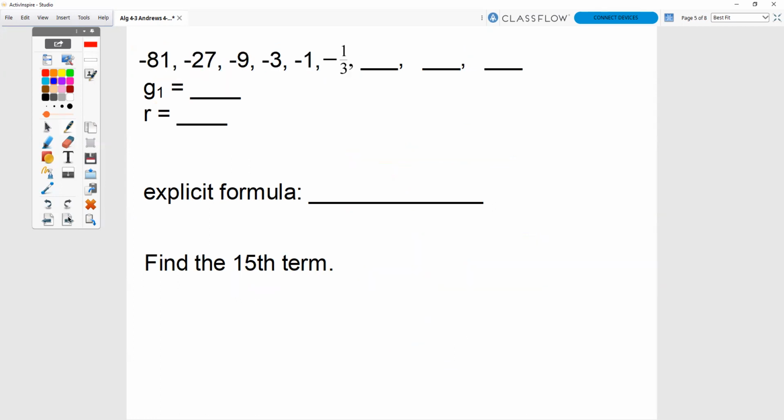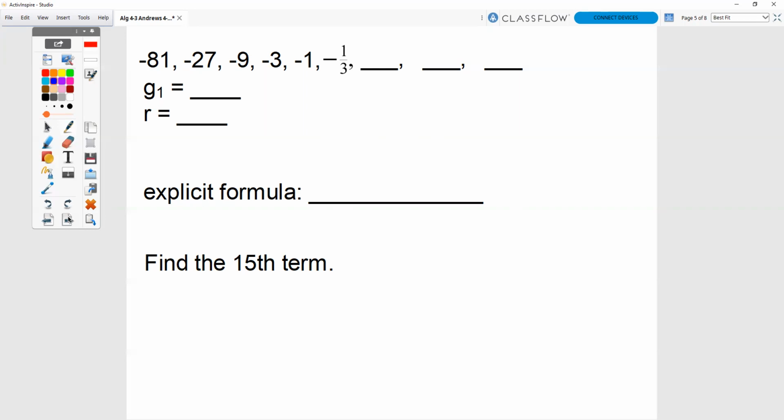In the next one, negative 81, negative 27, negative 9, negative 3, negative 1, negative 1/3. I can tell that my numbers are going down. Anytime that the numbers are going down, you know that you're multiplying by a 0 point something, because that's how the numbers will go down when you're multiplying. Well, if you can't figure it out, divide going backwards.